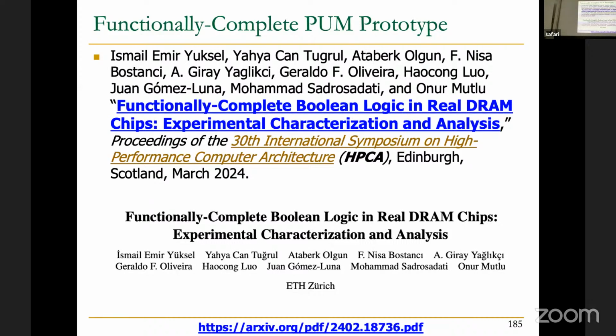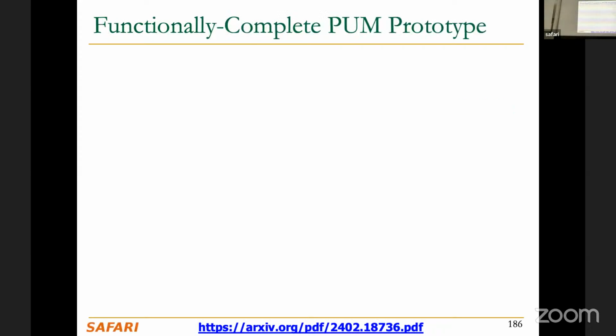This is not the only thing that we can do in commodity off-the-shelf DRAM chips. We can also implement other Boolean operations by violating the DRAM timing parameters of commodity DRAM chips. Recently, Ismail, who was sitting over there, presented his paper at HPCA two weeks ago, which shows the functional completeness of processing-using-DRAM systems.